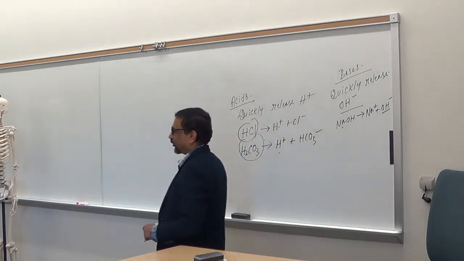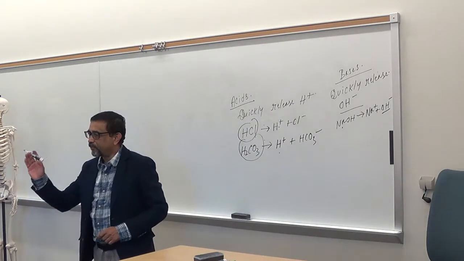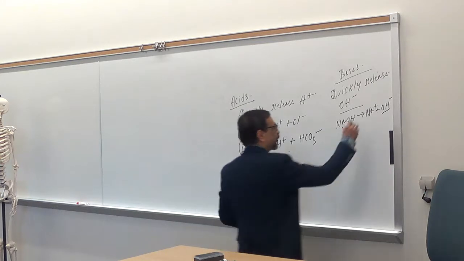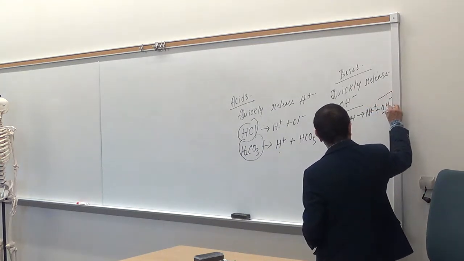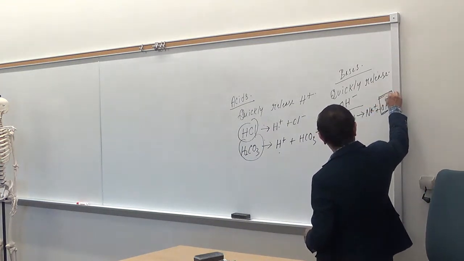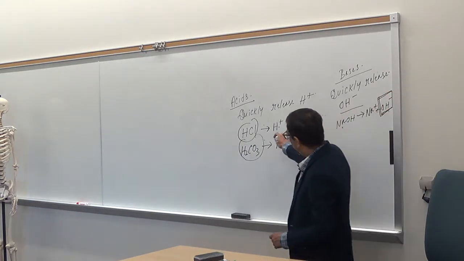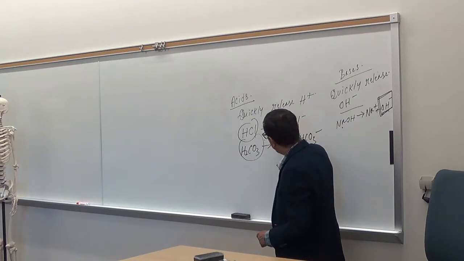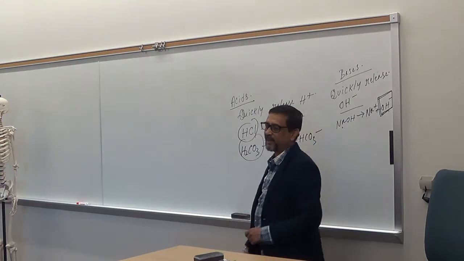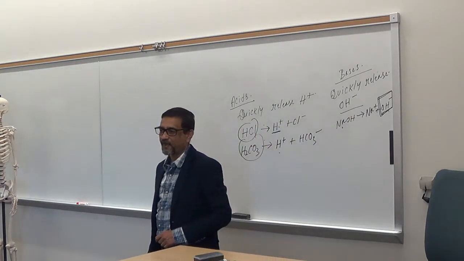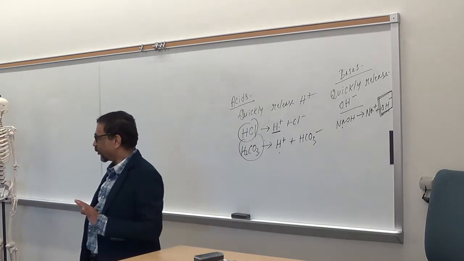Now, why do bases produce OH? Bases produce OH to remove excess hydrogen ion in your body. Make sense? To remove what?